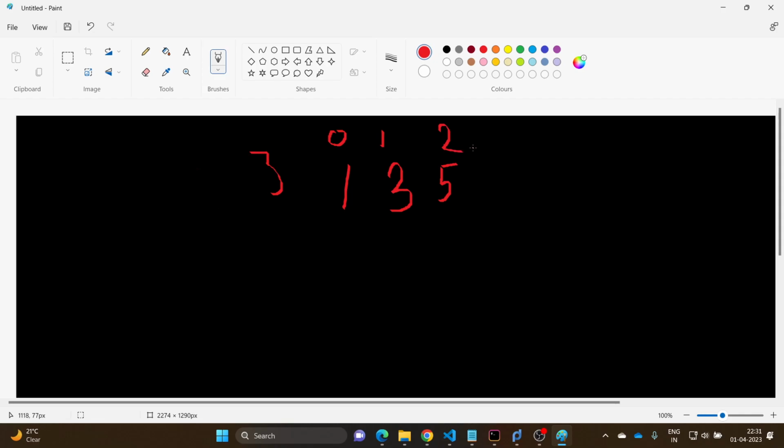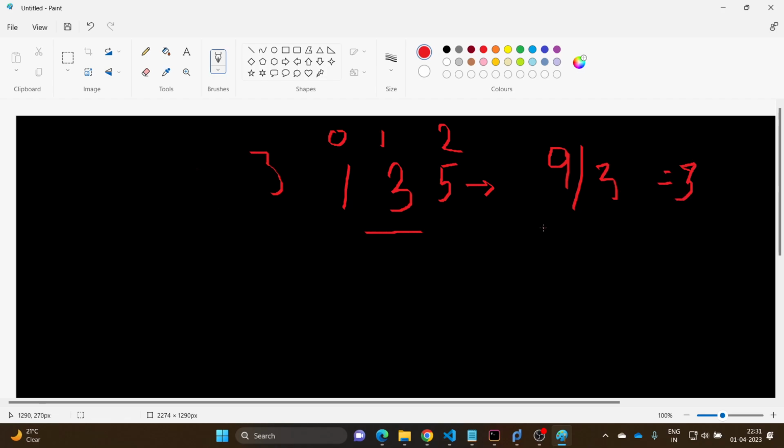Now if I had to make all these elements equal, the best thing would be to make them all equal to their mean. So I would sum all of them and divide by 3: 9 divided by 3 is equal to 3.